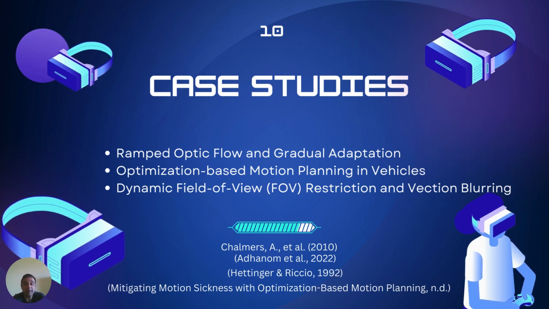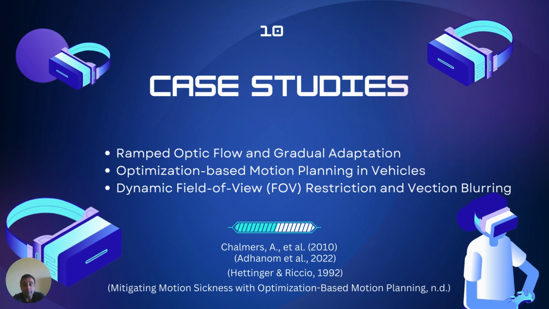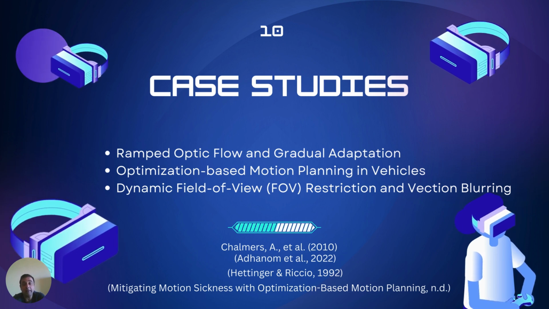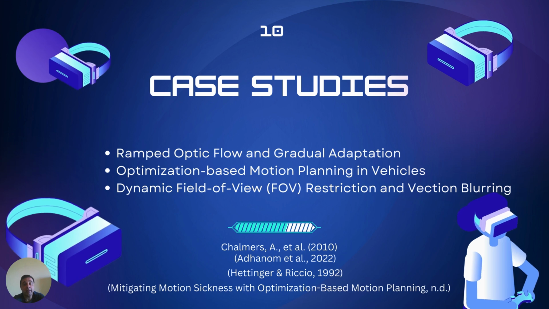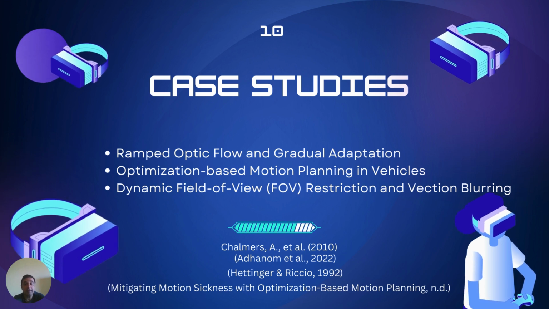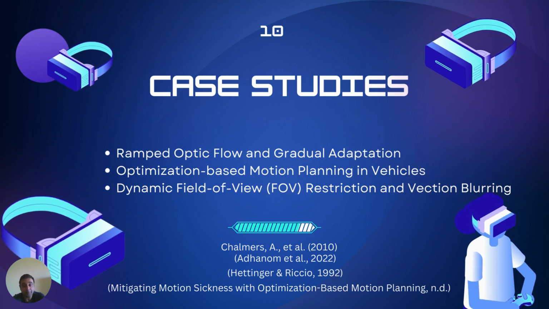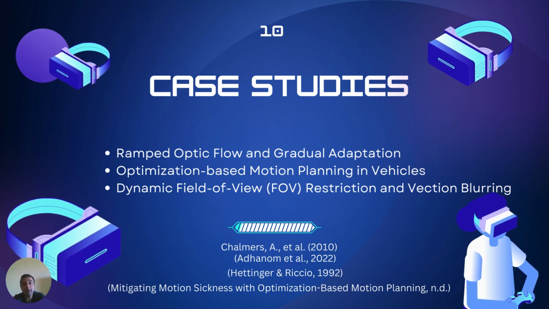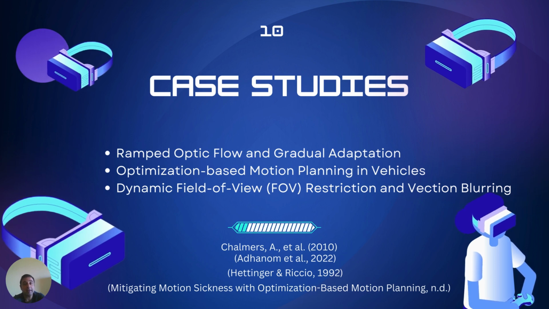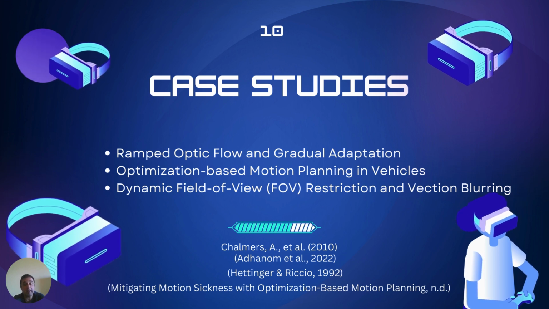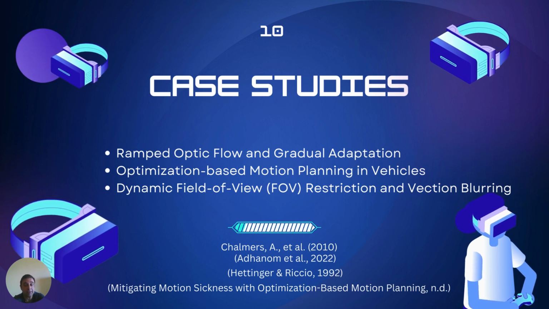Researchers at the University of Nevada explored a method that involves gradually increasing the optic flow in virtual reality environments to help users adapt to the sensory conflict that often causes motion sickness. By slowly exposing users to increasing levels of virtual stimuli, they were able to significantly reduce the incidence of VR sickness across different visual environments.